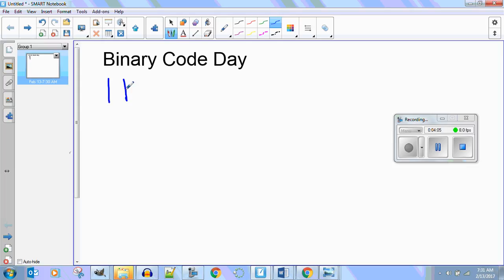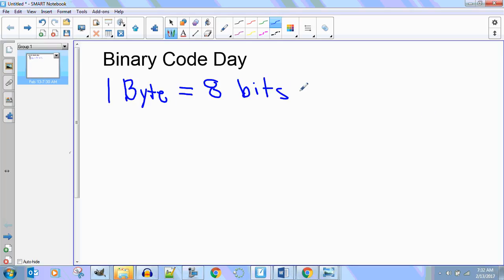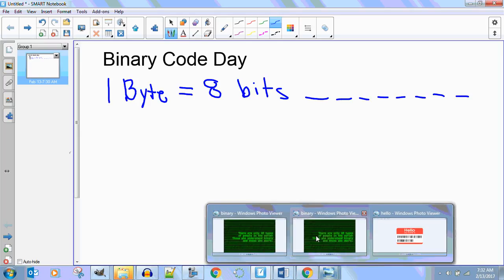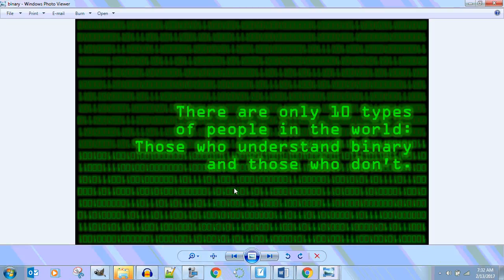1 byte, B-Y-T-E, is equal to 8 bits. And what I want you to do is come over here and draw out like 8 dashes. 1, 2, 3, 4, 5, 6, 7, 8. And do you guys remember this image back here? Okay. We're going to put those ones and zeros in there.